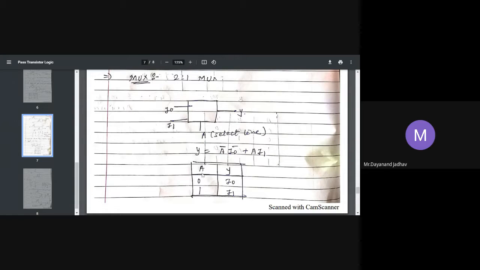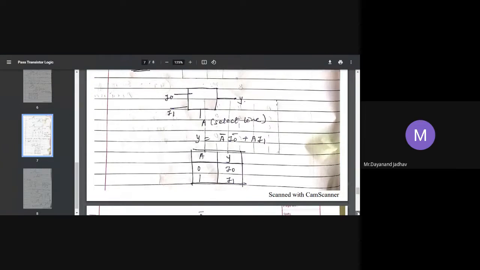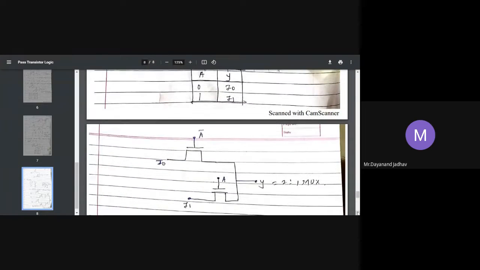Therefore a equal to 1, suppose, then I1 is selected in the output, this or this. I0 is created when a bar is there, and I1 is created when a is there, meaning a equal to 1. Just like that, this is the output. Then how can we implement this?